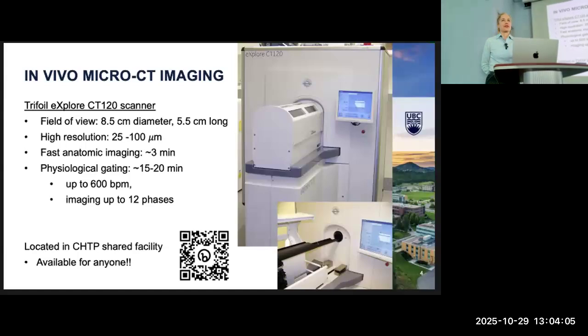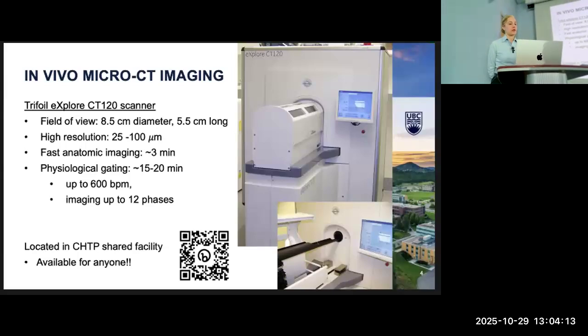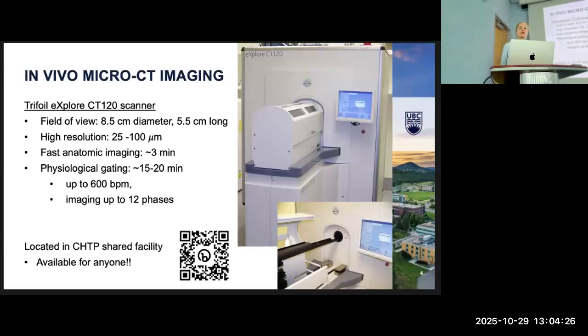But it's pretty good for anatomical imaging. We can do pretty fast imaging, about 3 minutes for a 3D volume image of pretty much the entire body of a mouse. And we can do physiological gating, which allows us to synchronize image acquisition with physiological signals, so cardiac or respiratory.